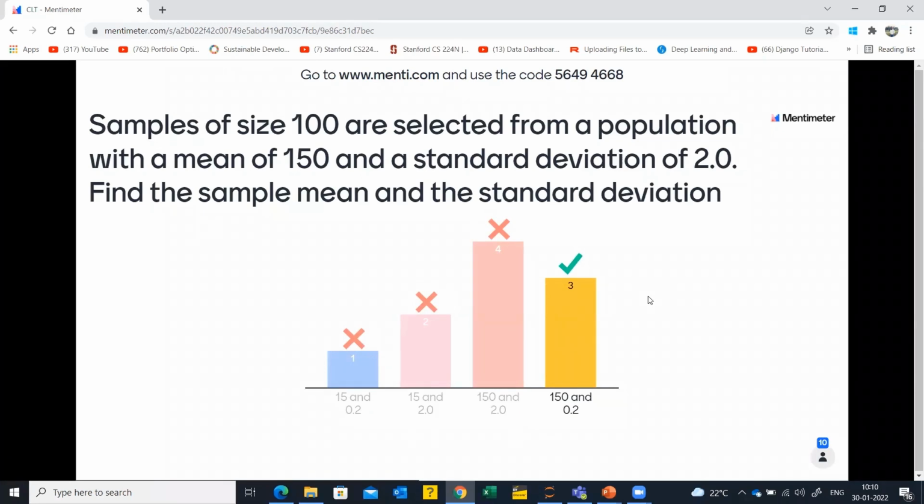So the mean of the sample distribution is going to be the same as the population, which was 150. But the standard deviation is sigma by root n. Sigma is 2, the population standard deviation. Root under of n, the sample size is 100, so the root is 10. So 2 divided by 10 is 0.2. So the answer is 150 and 0.2.